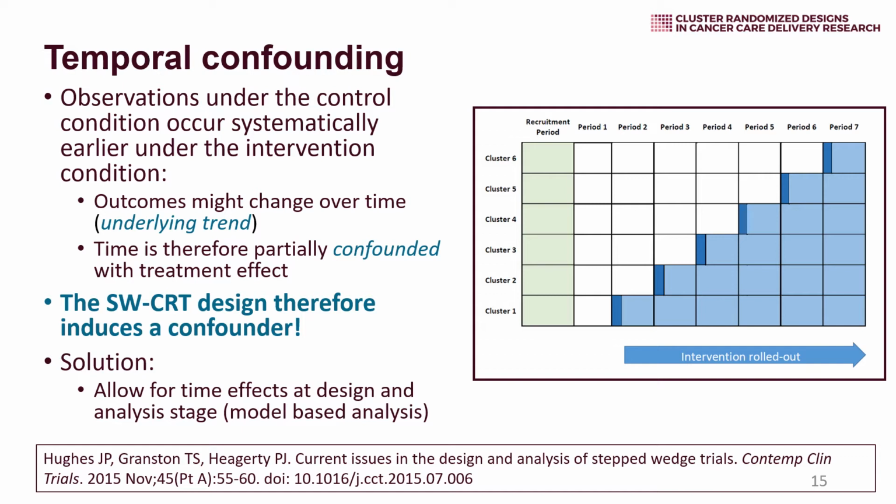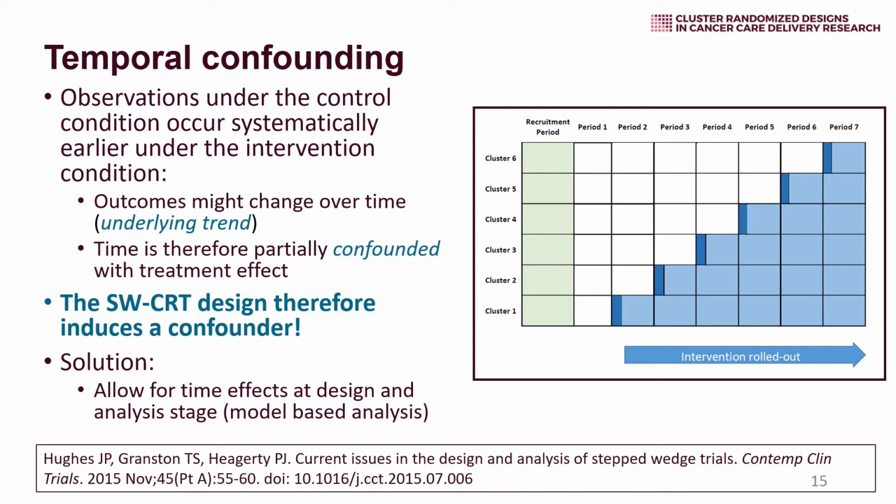So the stepped wedge design induces a confounder. Remember, with most randomized trial designs, we randomize to eliminate the impact of any confounders. But because of the way the stepped wedge design is set up, because observations under the control condition are systematically earlier in calendar time compared to those under the intervention condition, the design itself induces a potential confounder.